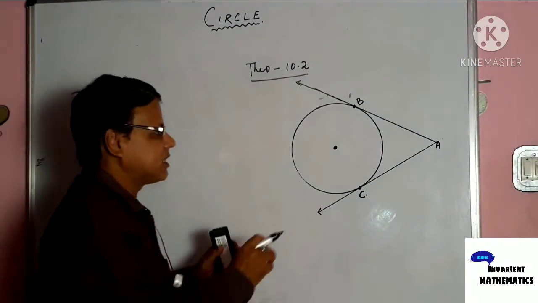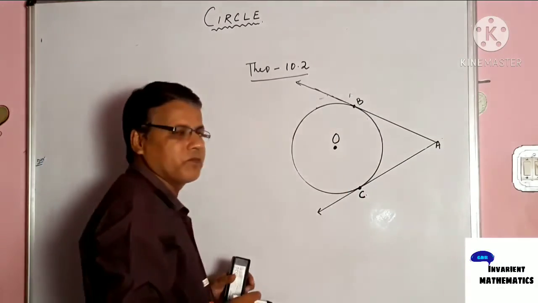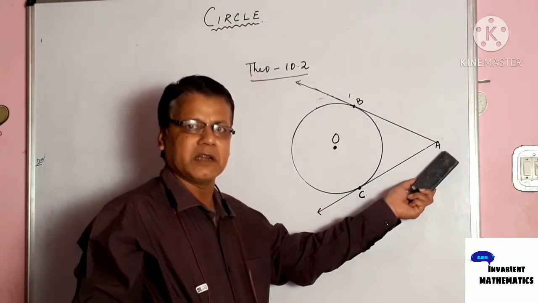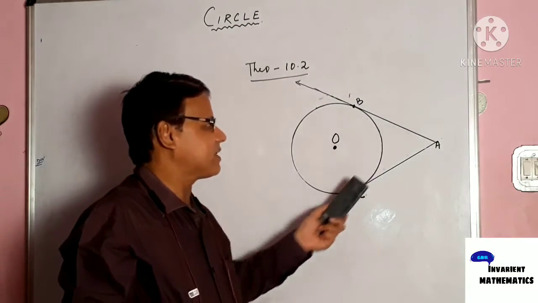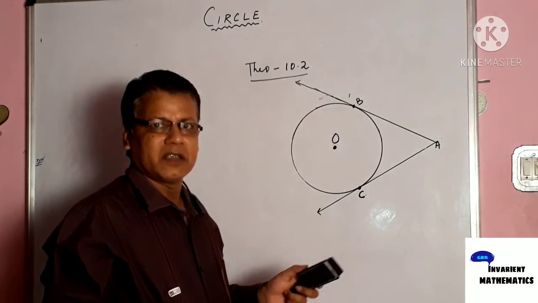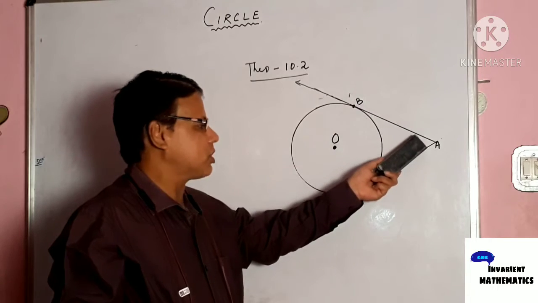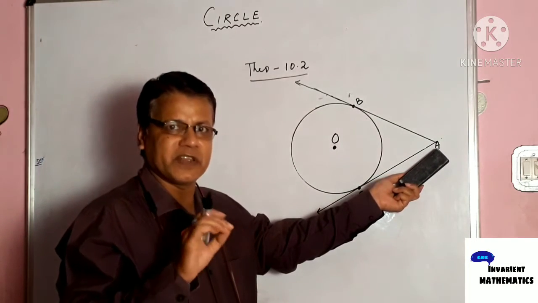That means, consider a circle with center O. Let A be an exterior point of the circle. We can draw two tangents AB and AC. AB and AC are two tangents drawn from the external point A. This is given.